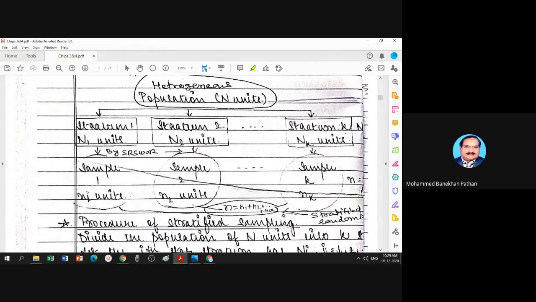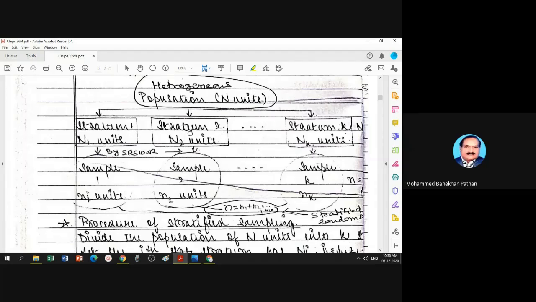Strata is the plural form, stratum is the singular form. Stratum 1, strata 1 you can say, contains N1 units. Strata 2 contains N2 units. Strata number K contains Nk units. N1 plus N2 dash dash Nk gives capital N.